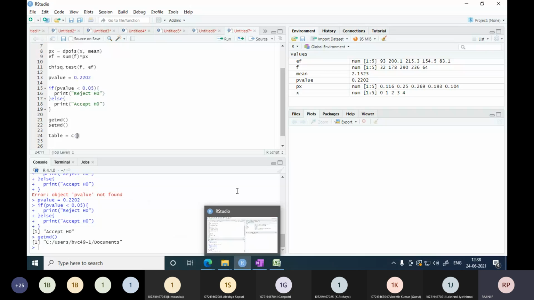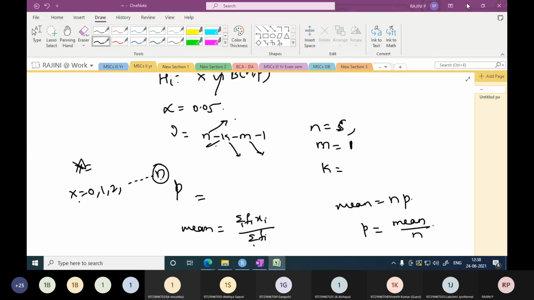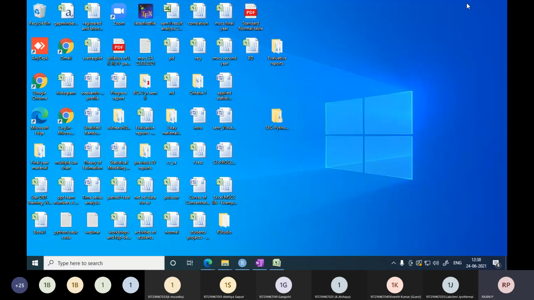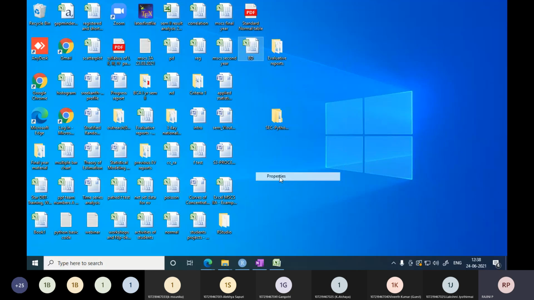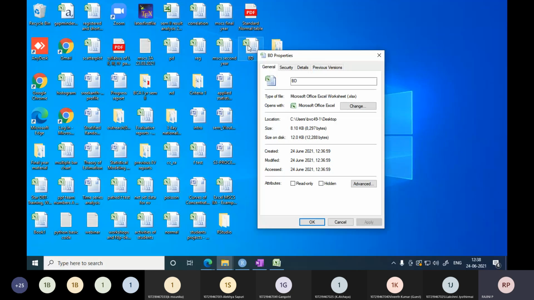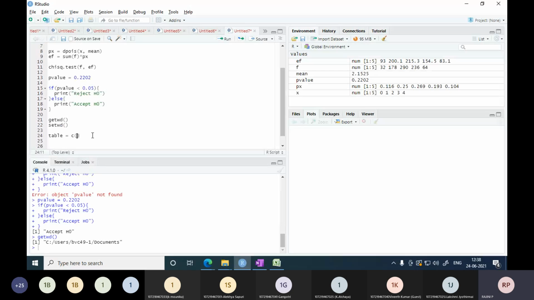Where is the desktop? Okay, let me take this. Here it is. So copy this. Right click, go to the properties and select the path. Okay, go to R and then paste it.